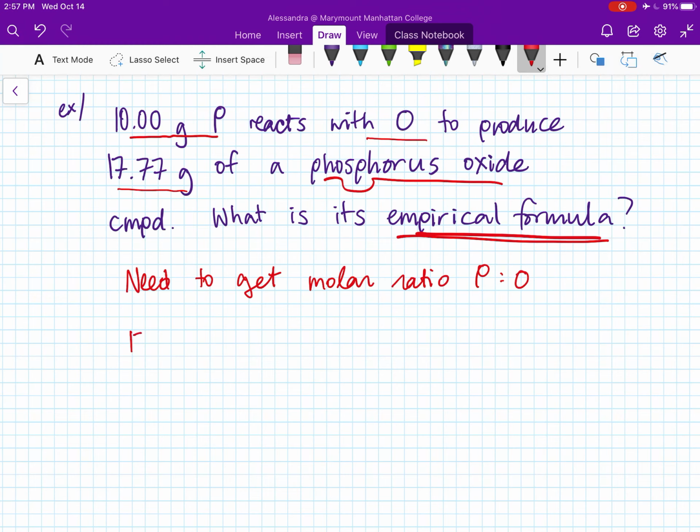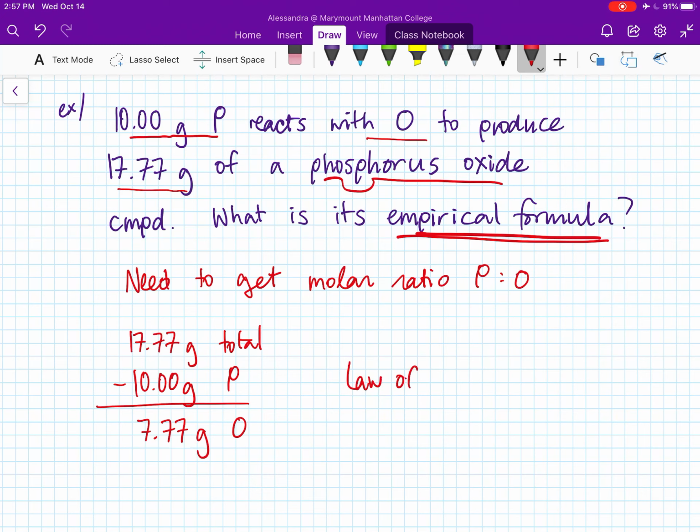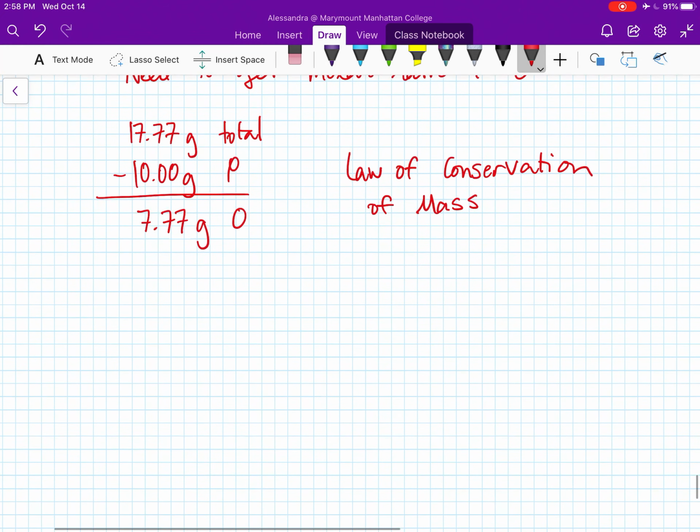So here, if I have 17.77 grams total, and 10 of those grams were phosphorus, that should give me the number of grams of oxygen, because I need to obey the law of conservation of mass, right? Matter can neither be created nor destroyed. So if I'm making 17.77 grams, then 7.77 of those grams must come from the oxygen.